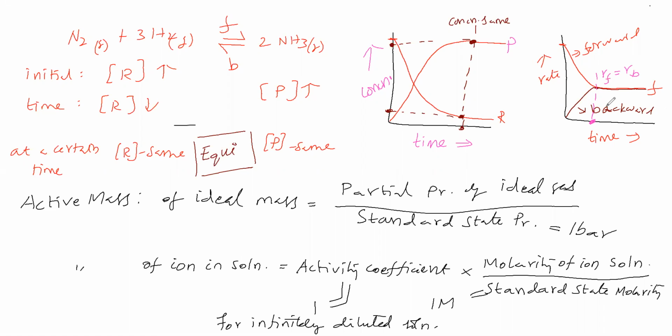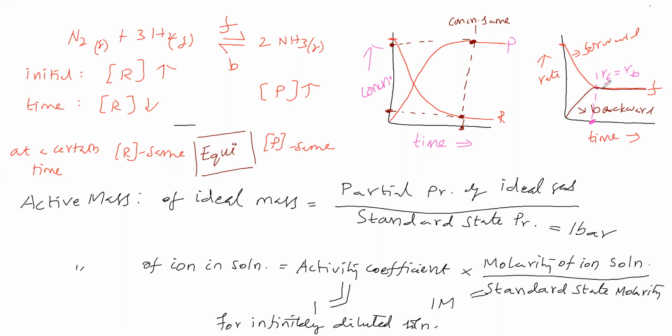Why do we say equilibrium is called dynamic? Why don't we say static? Because even after attaining equilibrium, forward reaction takes place continuously. Backward reaction also takes place continuously with equal rates. Otherwise, this graph would have touched the x-axis. Is this graph touching the x-axis, the time axis?